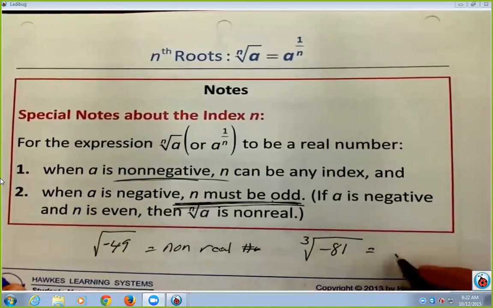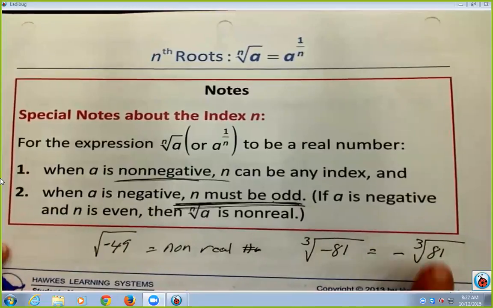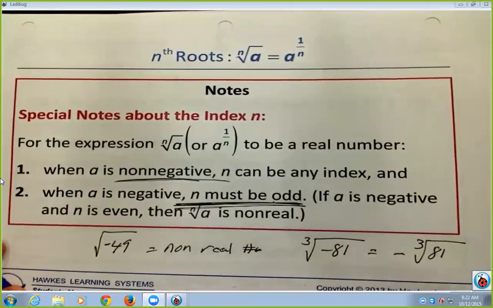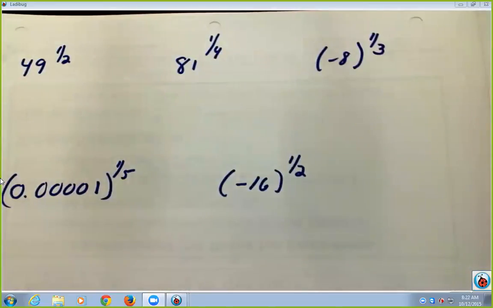And we learned last time we can pull the negative out and just simply look at the cube root of 81, because if I take a negative 1 times a negative 1 times a negative 1, it is still a negative. So I can just pull it out of there and work with it that way. So I can still have negative bases as long as this is odd. So just making sure that that piece is in place.